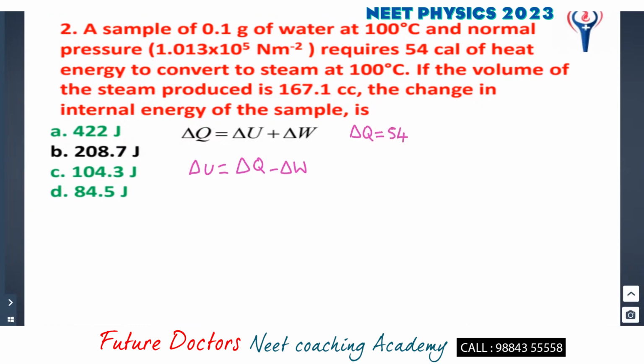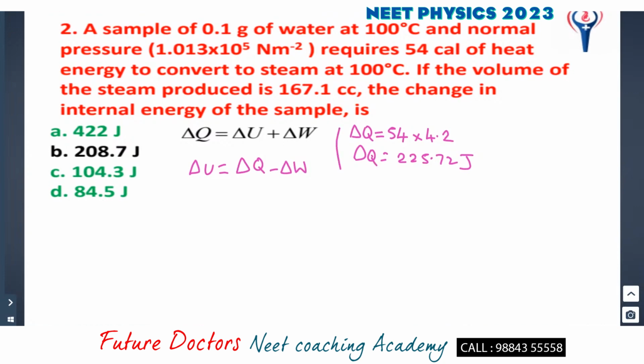Calorie convert into joules. 54 into 4.2, that is 1 calorie converted into joules means 4.2. Then 226.8 joules. This is ΔQ.